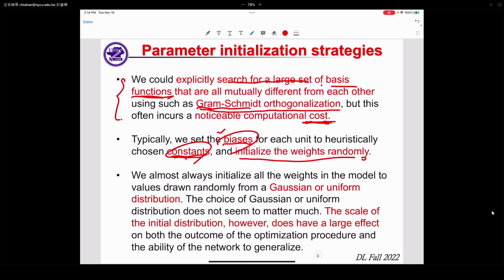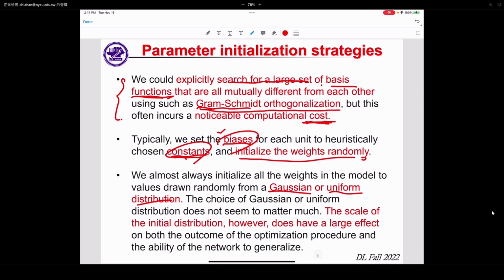Talking about randomness, you can look at all kinds of distributions. The most popular ones, of course, you know, are the Gaussian and uniform distributions. You can try either, but in fact which distribution you use is maybe not that important compared to the scale.